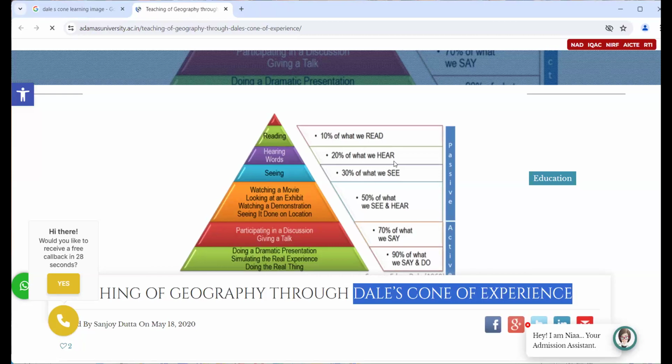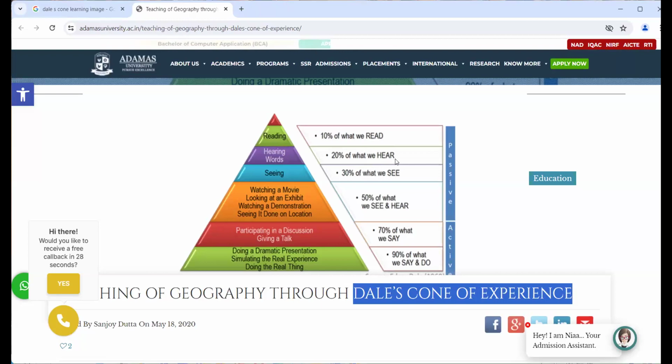If you get your students to listen to you, you talk and the students just listen, they will remember only 20% of what they hear. So most of the time teachers talk, you get the students to hear or listen, and they learn only 20% of what you tell them.